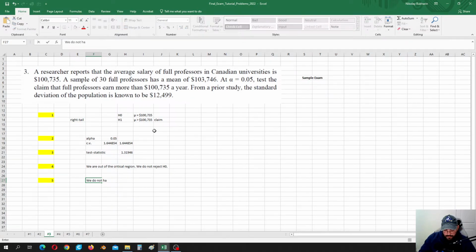We do not have enough evidence to support the claim that full professors earn more than $100,735 a year.